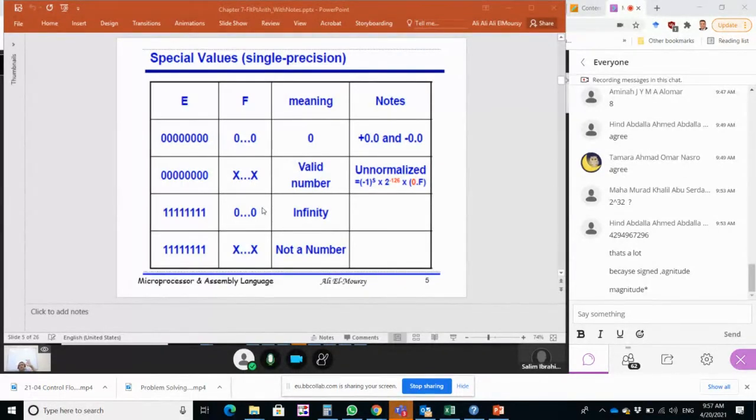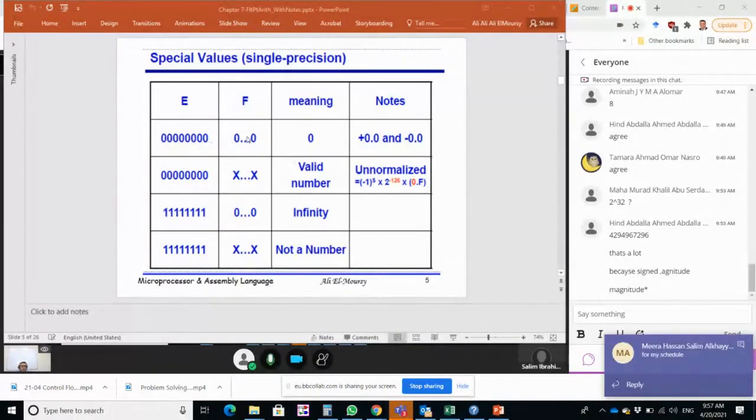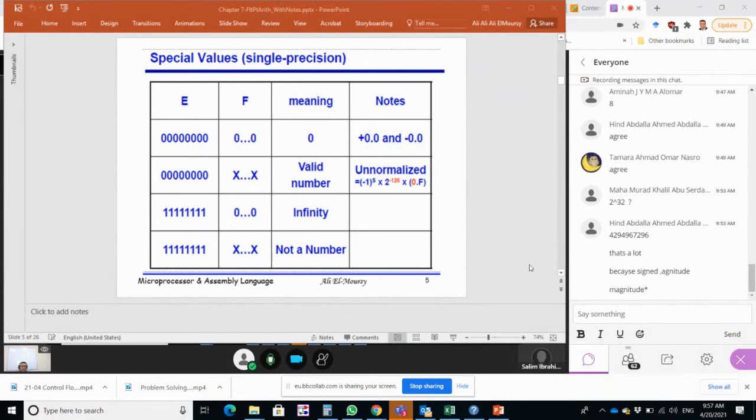This is a reserved combination, reserved for infinity. So I'm reserving all zeros and zeros for the 0, and I am reserving all ones for the exponent and all zeros for the fractional mantissa for infinity. Fine.